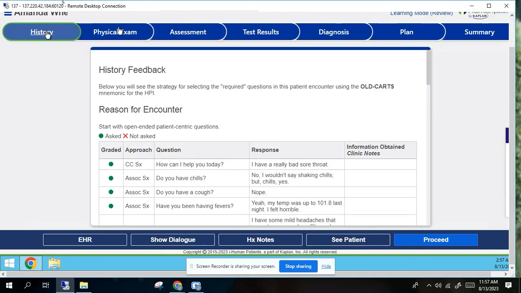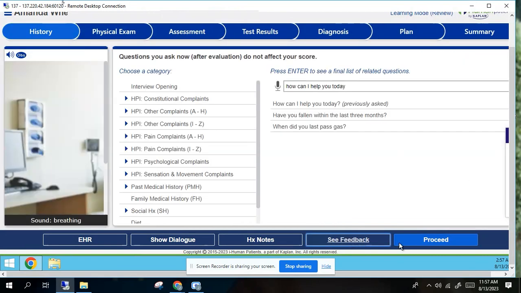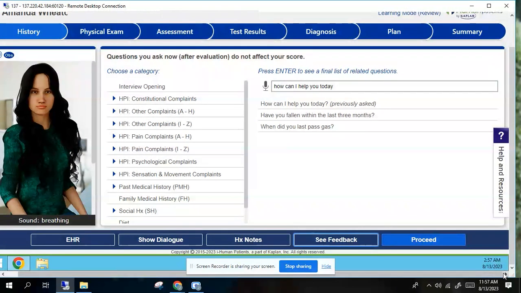under the history section, when asking the question, there's always a section somewhere around here where you key in your key findings. You have to list them.